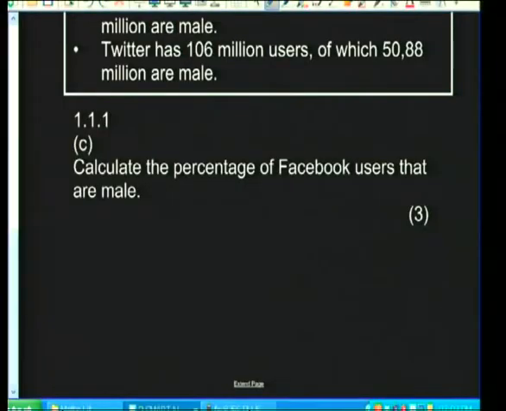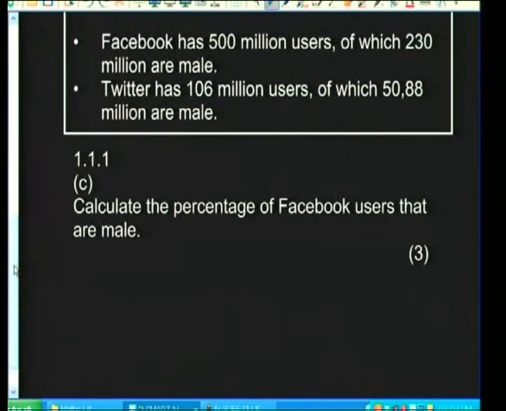The percentage of Facebook users that are male. We know that we have 230 male. So I've got 230 million over 500 million. I'm going to multiply that by 100 to find out the actual percentage.